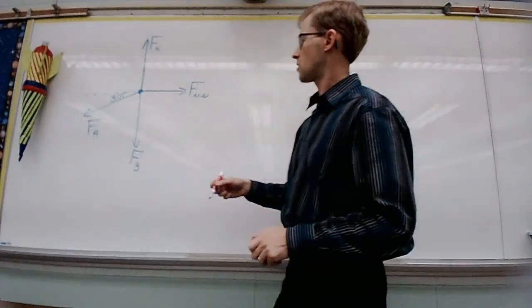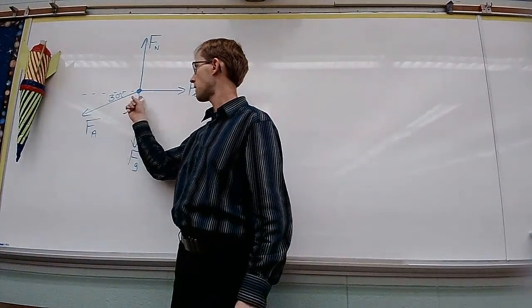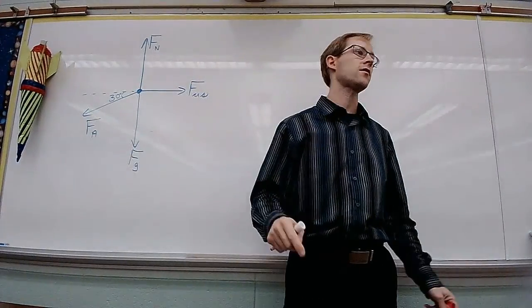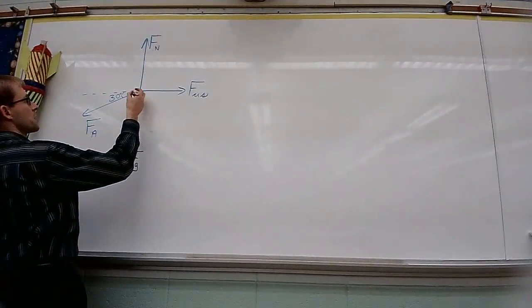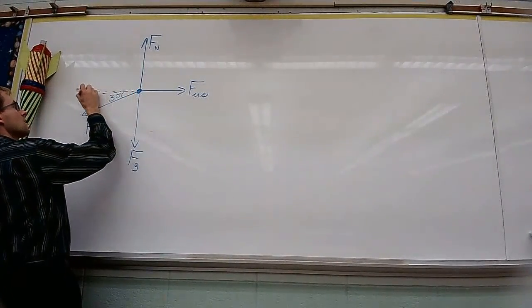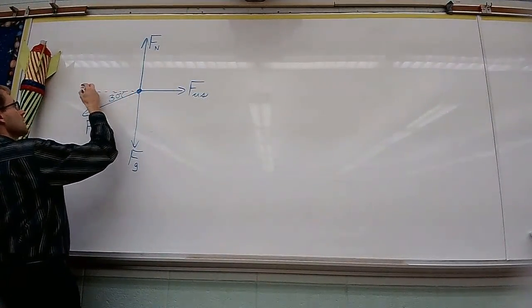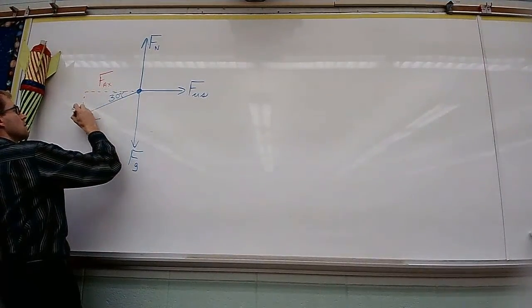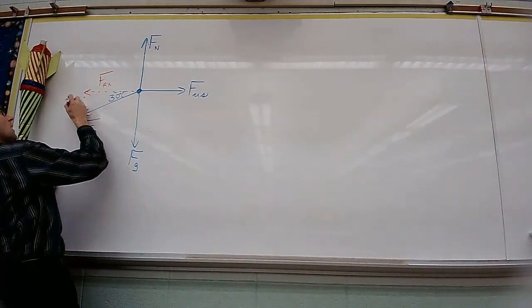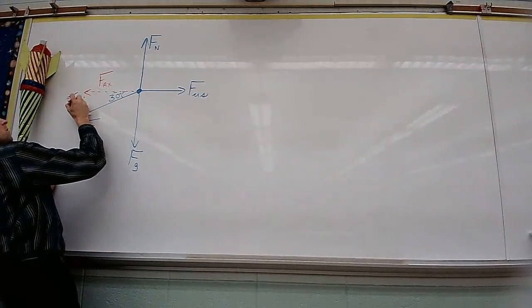In order to finish it up, though, remember applied force is headed in both the x and y direction, so we have to break it up into its components like we've done already in the past. So this would be my applied force in the x direction, and this would be my applied force in the y direction.